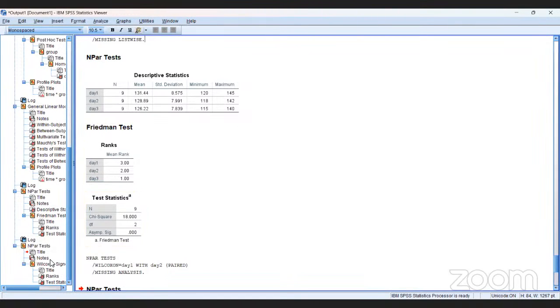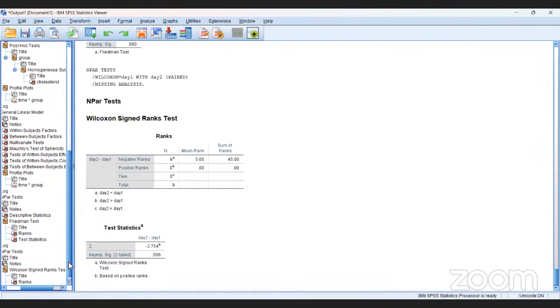And then, so day 1 and day 2, that is the between period difference, you have to show.